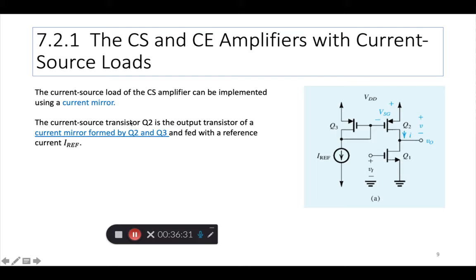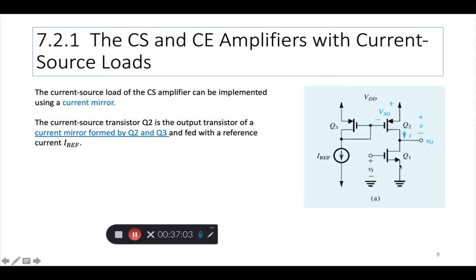So the current source transistor Q2 is the output transistor of a current mirror formed by Q2 and Q3. So you have Q2 and Q3. Q2 is called the output transistor because that's where the output of the whole circuit is coming out of, while this Q3 actually provides the reference current, the I that we are so interested in, to help with biasing this Q1.